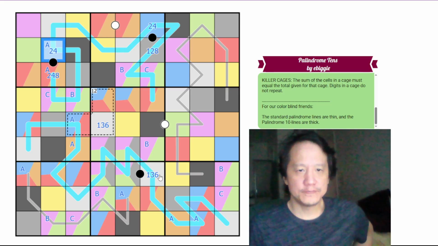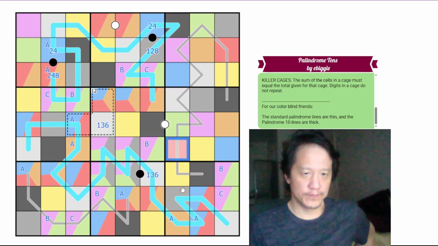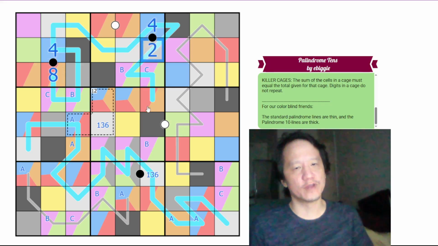Green and dark are consecutive. So if this is an 8, that's interesting. If this is 8, that guarantees this is 4, and that would have to be 2. So I don't think this can be 8 either, right?